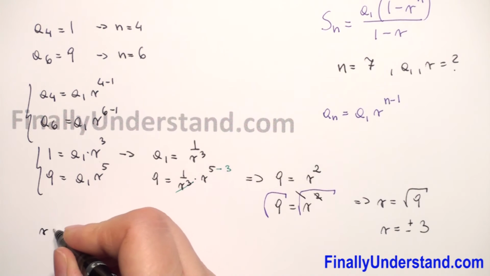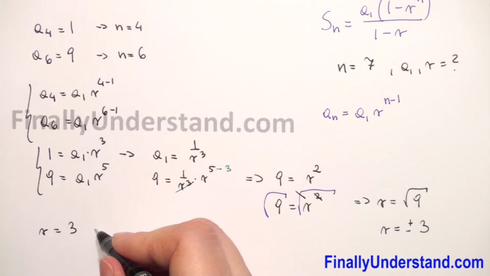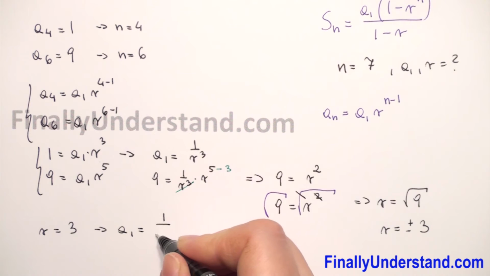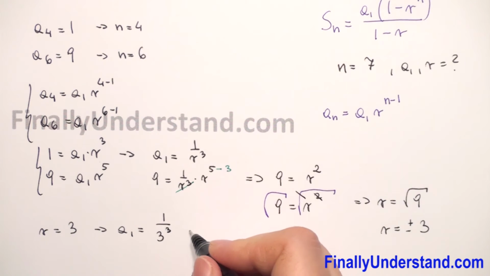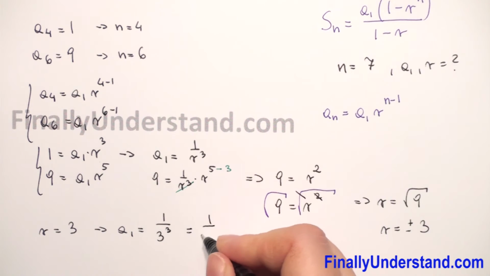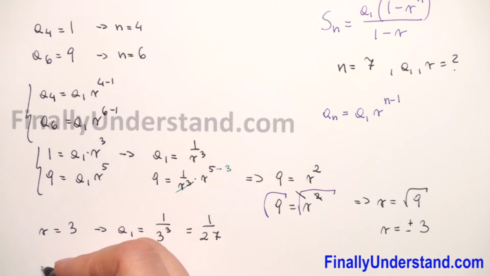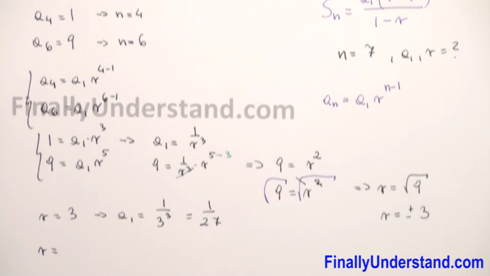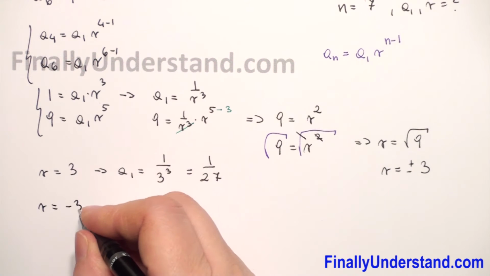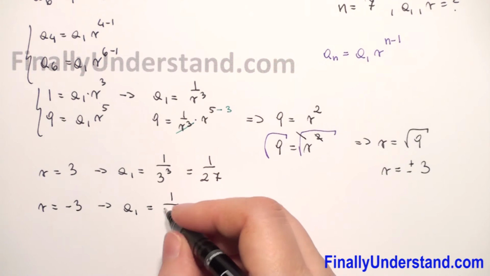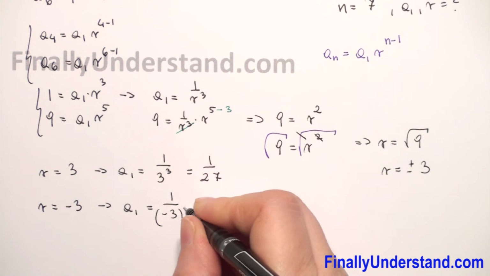For r equals 3, we will have that a1 is equal to 1 over 3 to the third power, so this is equal to 1 over 27, and for r equals -3, we will have that a1 is equal to 1 over (-3) to the third power.